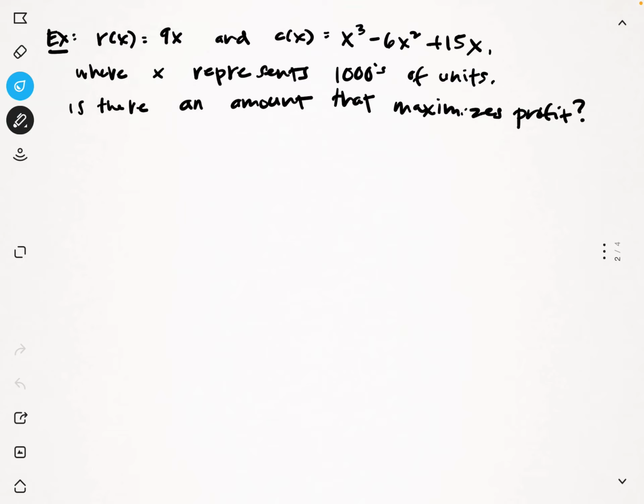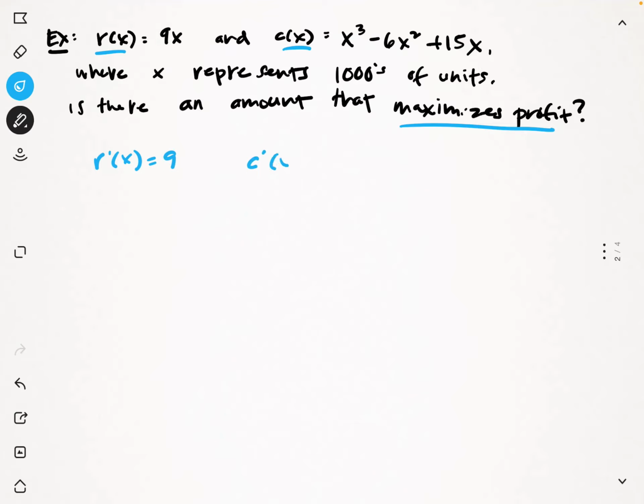It says that R of x, the revenue, is 9x, and the cost is x cubed minus 6x squared plus 15x, where x represents thousands of units. Is there an amount that maximizes profit? Because we're asking to maximize the profit, we're going to find R prime. R prime of x is just 9.